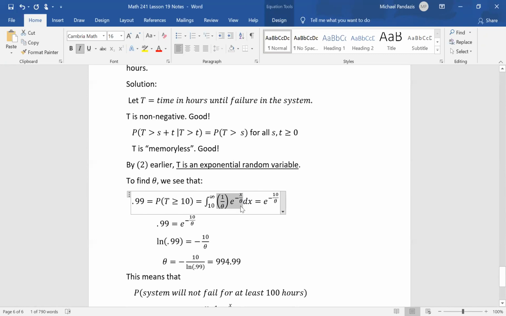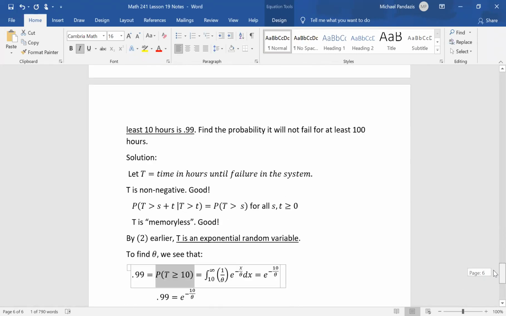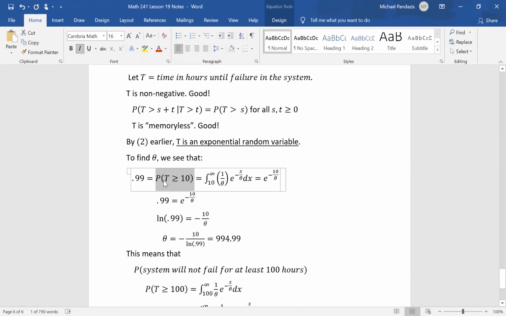Now that its PDF is of that form, you're given that the probability it will not fail for at least 10 hours is 0.99. And so you represent this probability using this integral.